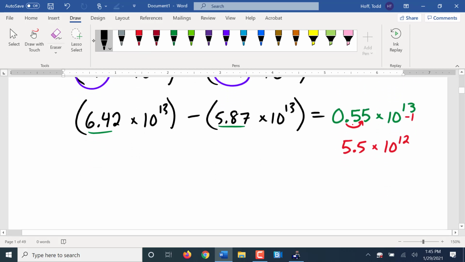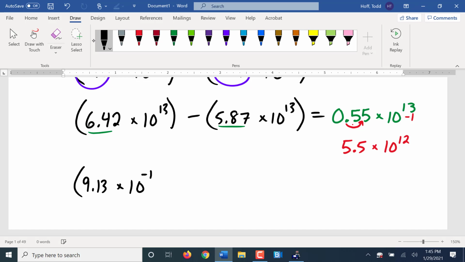This one's even trickier when dealing with the negatives. We might have 9.13 times 10 to the negative 15th minus 8.61 times 10 to the negative 15th.